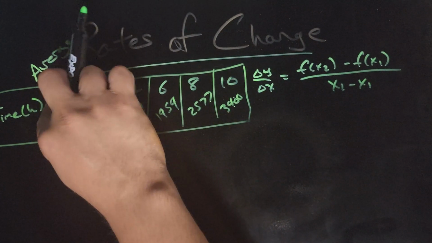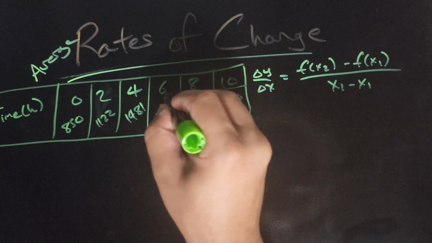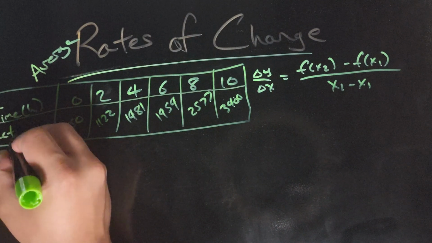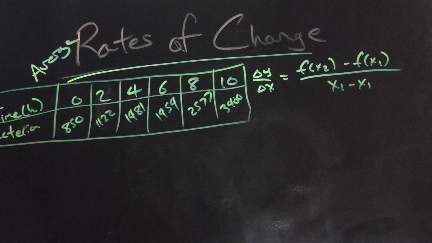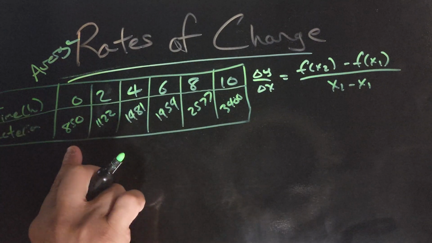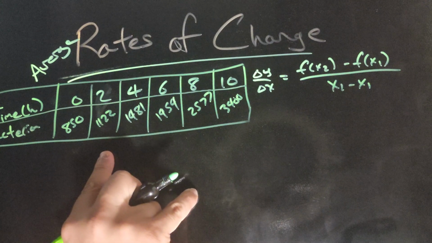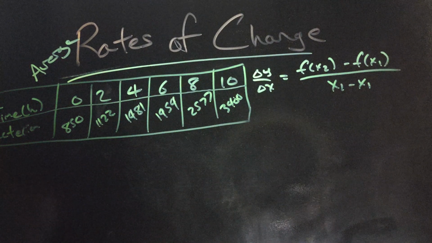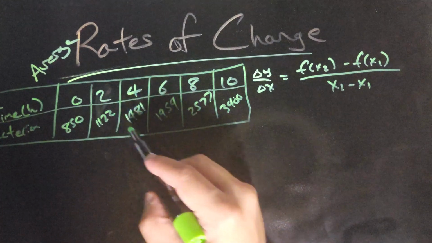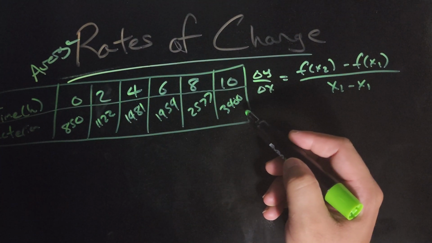So we're looking at this chart, and say we have bacteria here. Now we see at 0 hours we start off with 850, and then we have 1122, and then we have 1481, then 1954, 2577, and 3400.